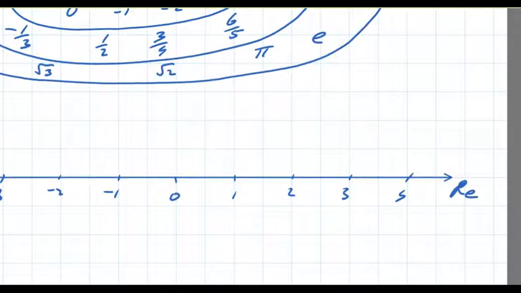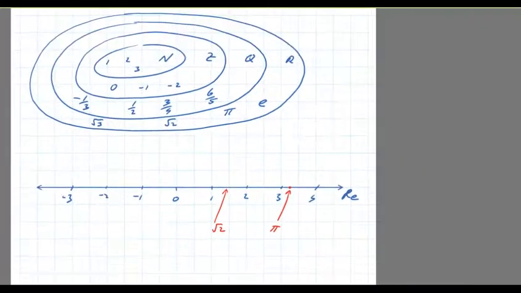We don't know exactly what it is because 3.14 goes on forever, but we do know it's in there someplace. I mean, it's 3.14 something, so it belongs there on the real number line. The same for √2, for example. √2 is 1.4 something, so again, it's roughly in here. So even the most irrational of numbers can be shown. They still have their place on the real number line alongside all the simpler type numbers.